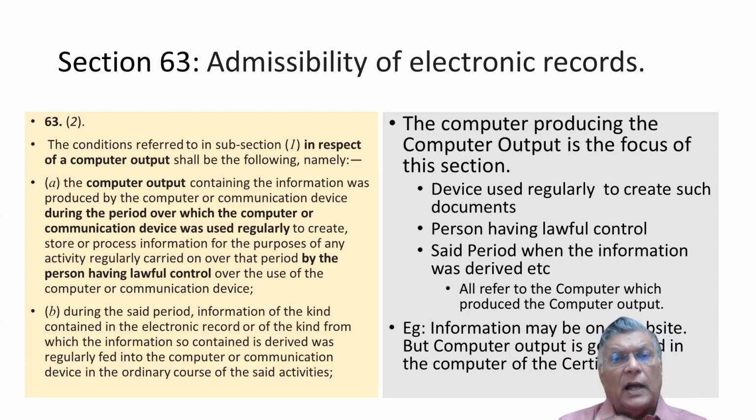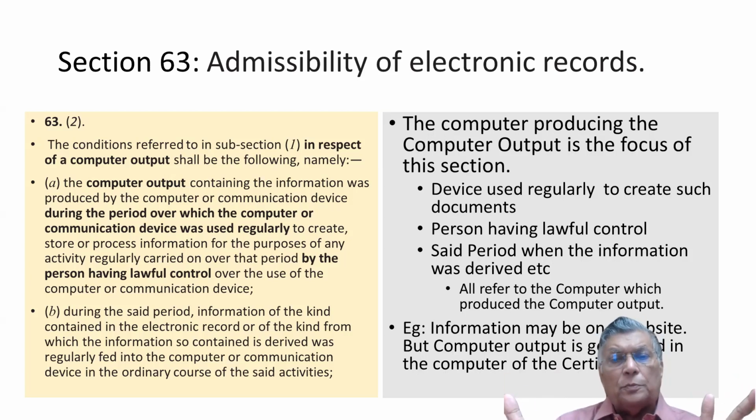I don't have the power to certify that. Only the ICICI Bank person has to certify that. And even there, over a period of 10 years, there may not be a single person who can certify that. So what this section 63(2) said period refers to is the period in which the computer output is produced.